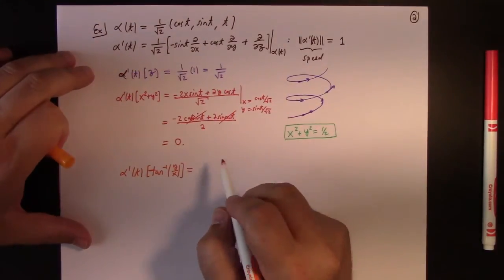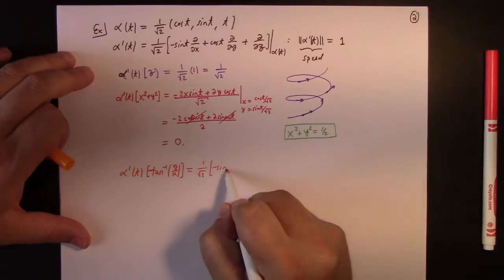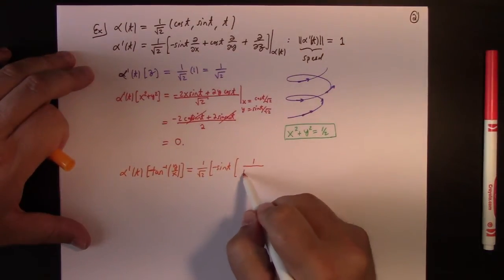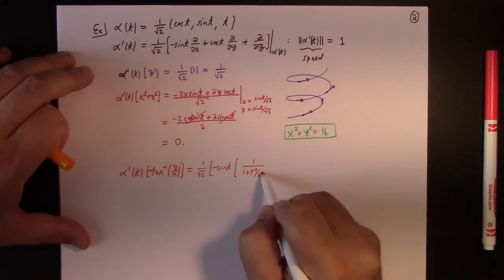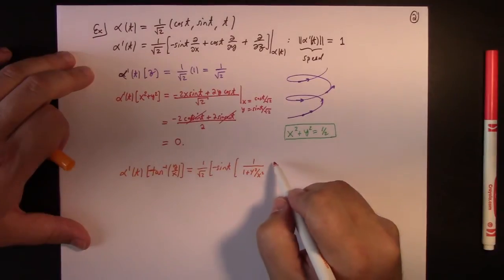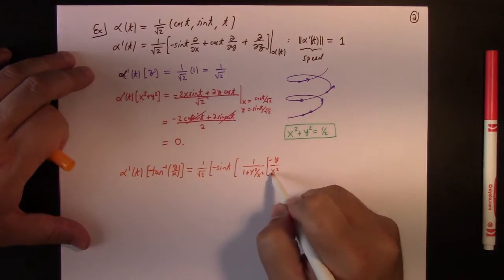So 1 over square root of 2 minus sine t. And okay, the derivative of inverse tangent is 1 over 1 plus y squared over x squared. The derivative of that with respect to x gives me minus y over x squared, right? Okay, great.